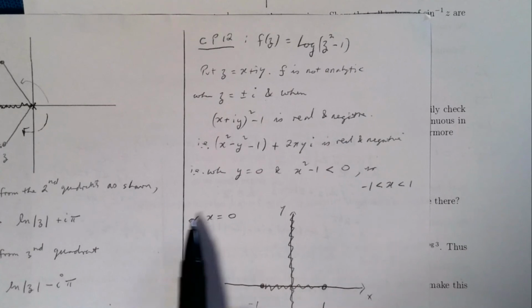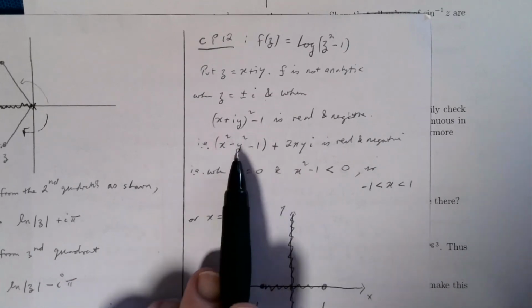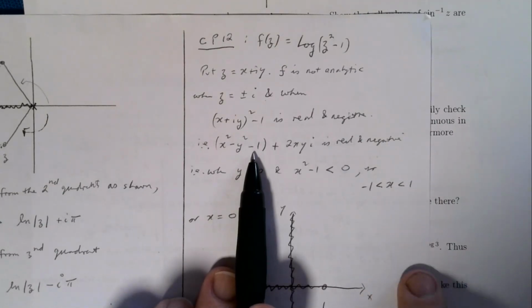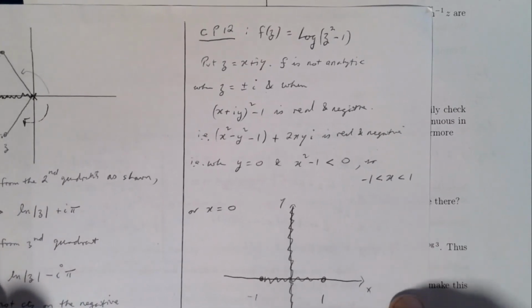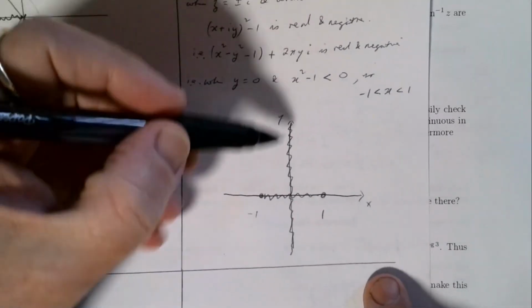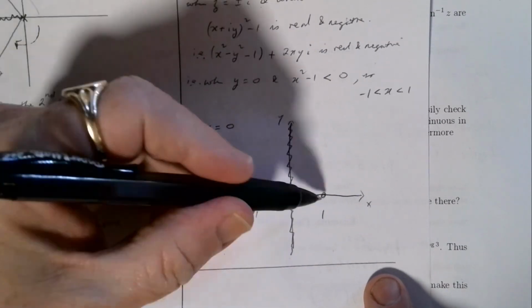Or when x is 0, that'll make the imaginary part 0. And when x is 0, you're going to get minus y squared minus 1, and that's automatically real and negative for any y. And so we can conclude then that this function log of z squared minus 1 is analytic everywhere except when x is 0, that's all along the y-axis, and when y is 0 and x is between minus 1 and 1.